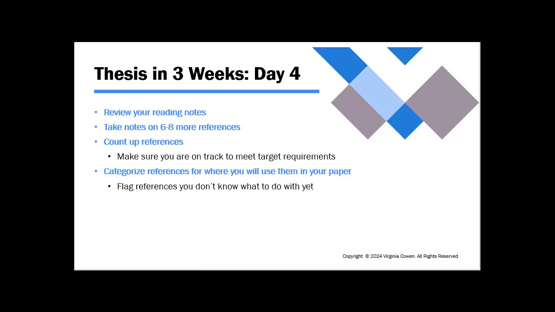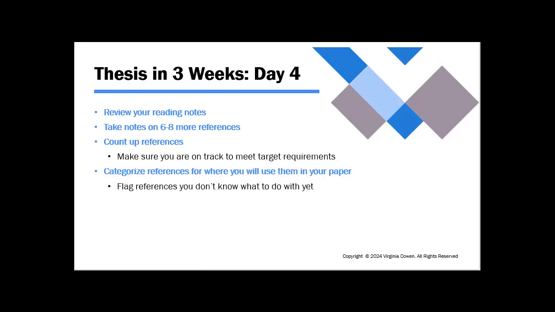So first thing to do is review your reading notes from the previous days and take notes on 6 to 8 more references. You continually want to build your reference list, but as you're building it, you're starting to see categories for where you're going to use these references.